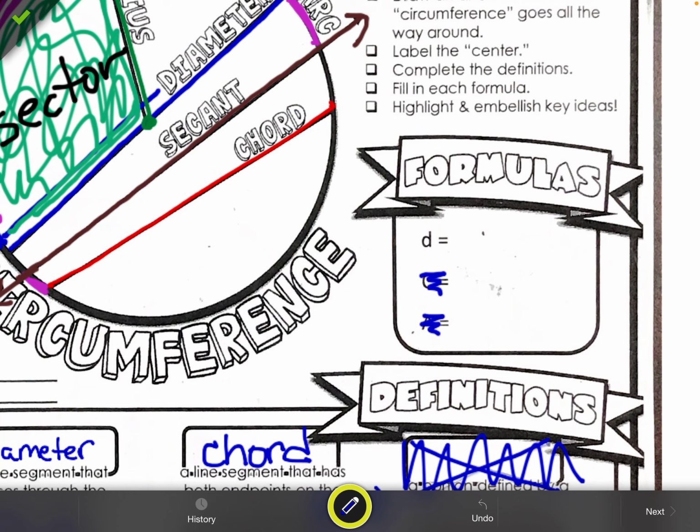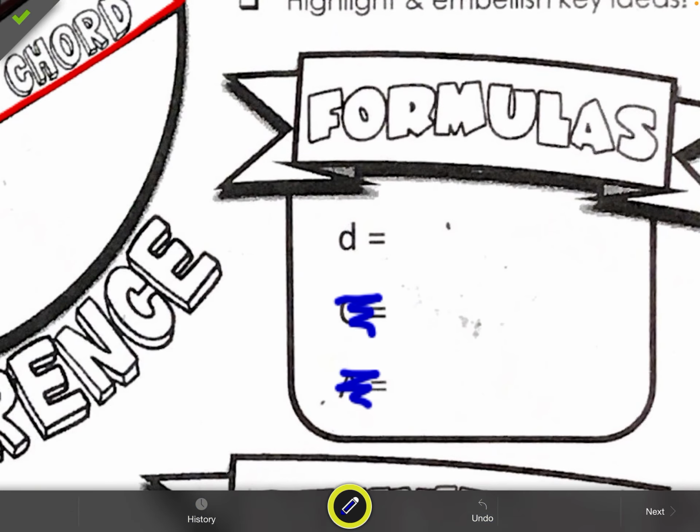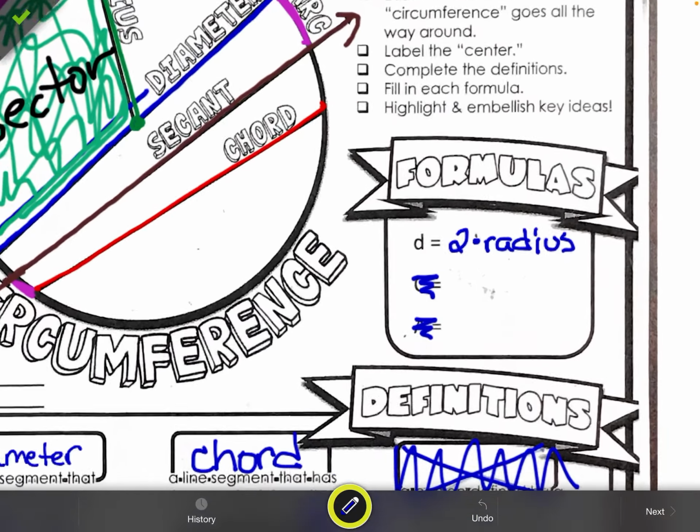One thing I do want to point out, your diameter, D, right here. Remember, your diameter is equal to 2 times your radius, or some people say radius plus radius, because that may pop up.